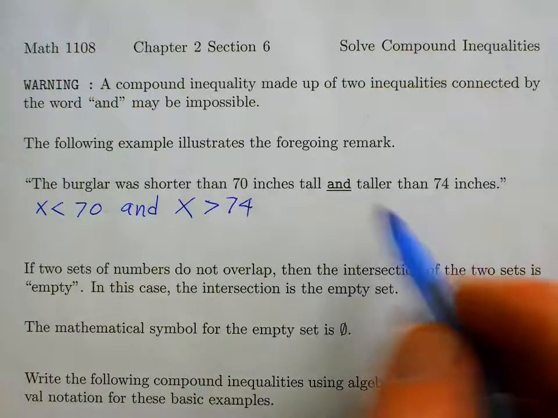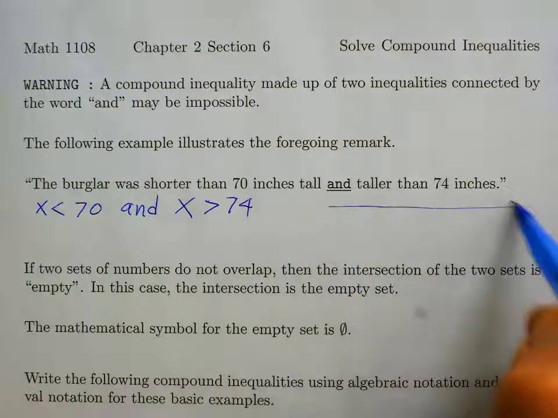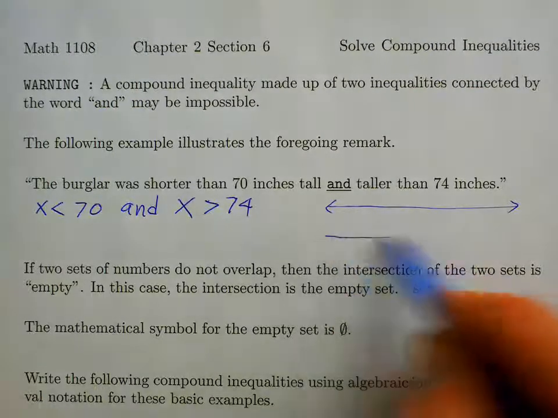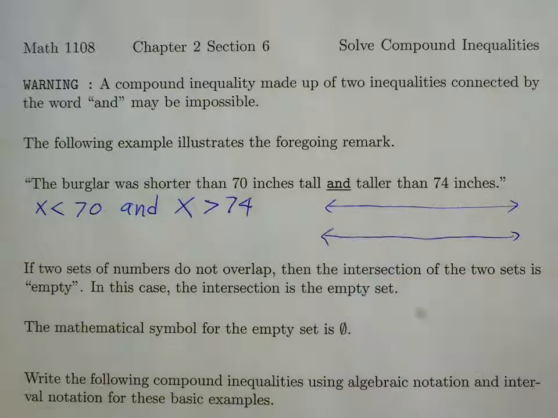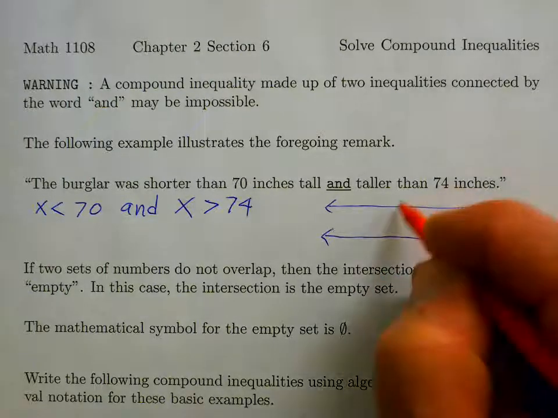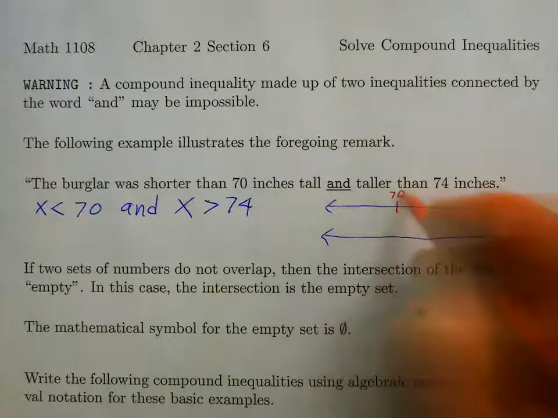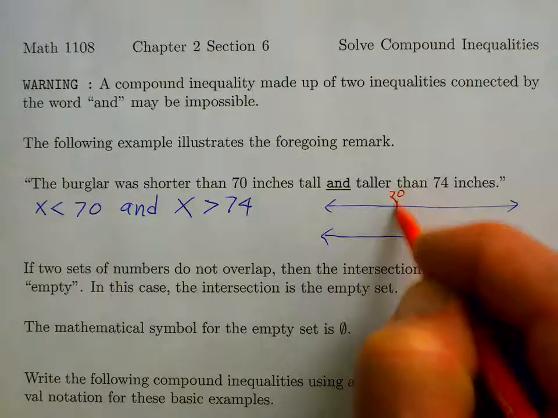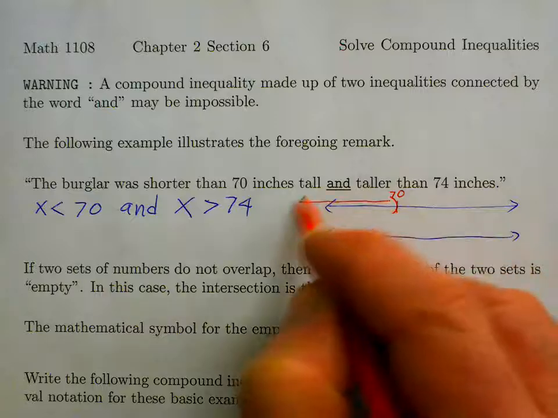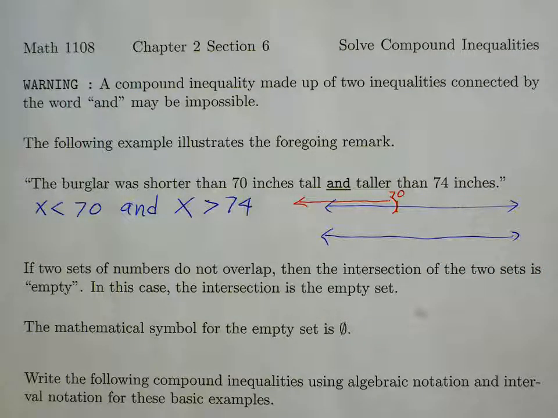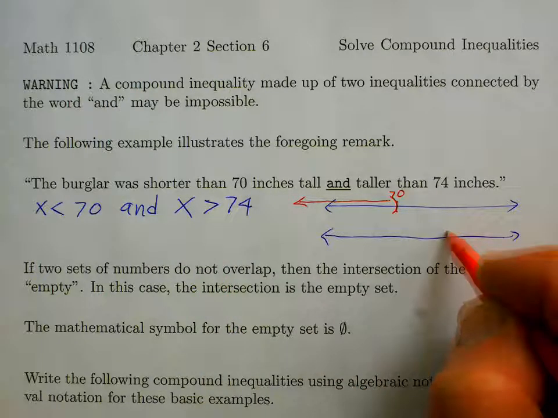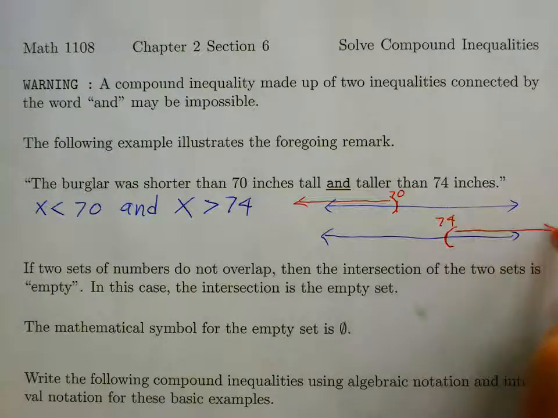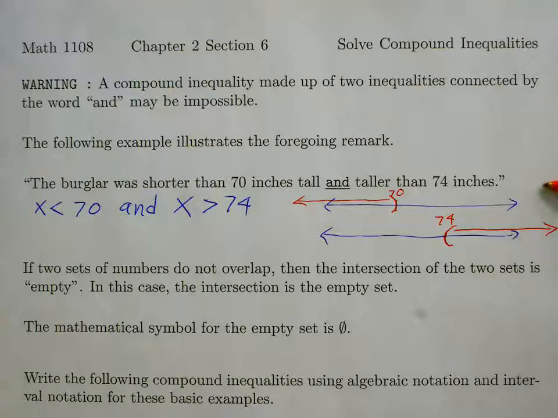If you sketch the graph of each of those, you'll discover that there is no overlap. So if we have 70 here, if x is less than 70, it's to the left of 70 on the number line. The other one is x is greater than 74, so that's to the right of 74. There's no overlap.